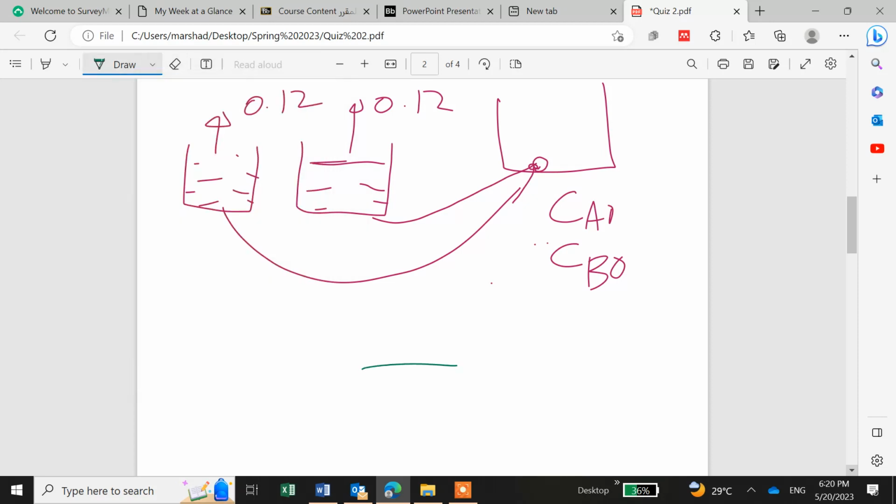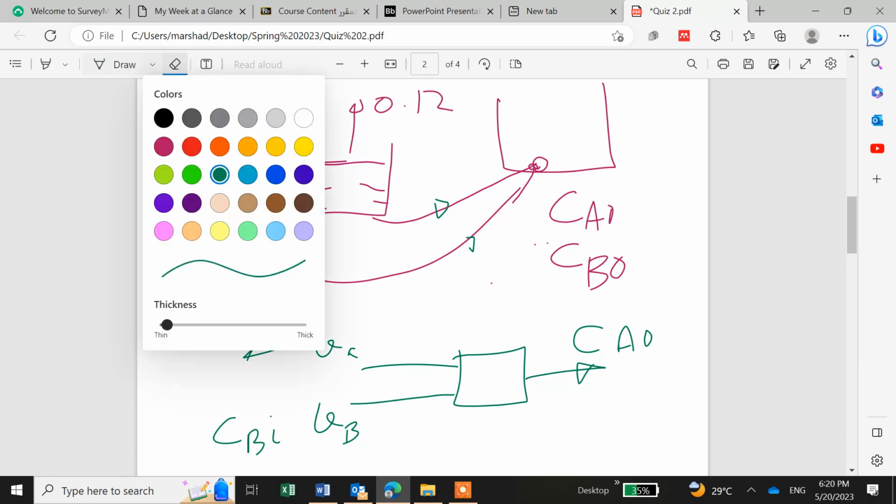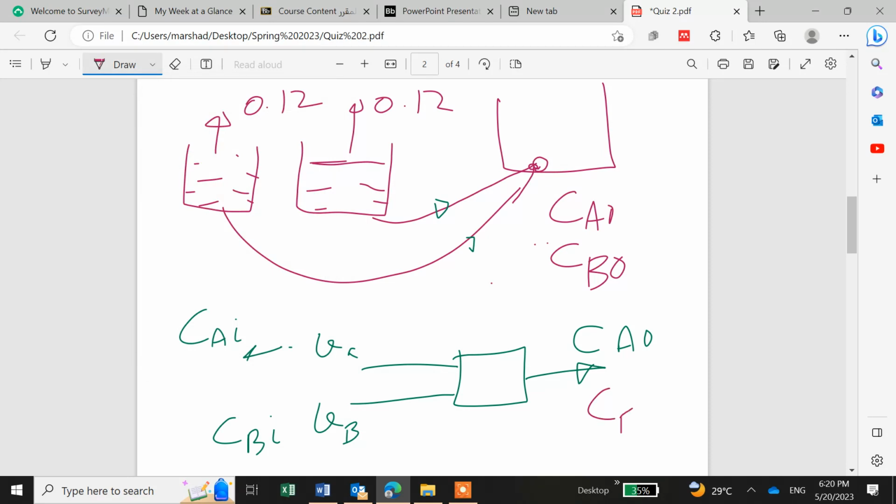You have two streams coming into the mixer and one leaving. The flow rates are Va and Vb, and the concentration in this case is 0.12. So we say CAI, CBI, and then here are our Ca0 and Cb0.